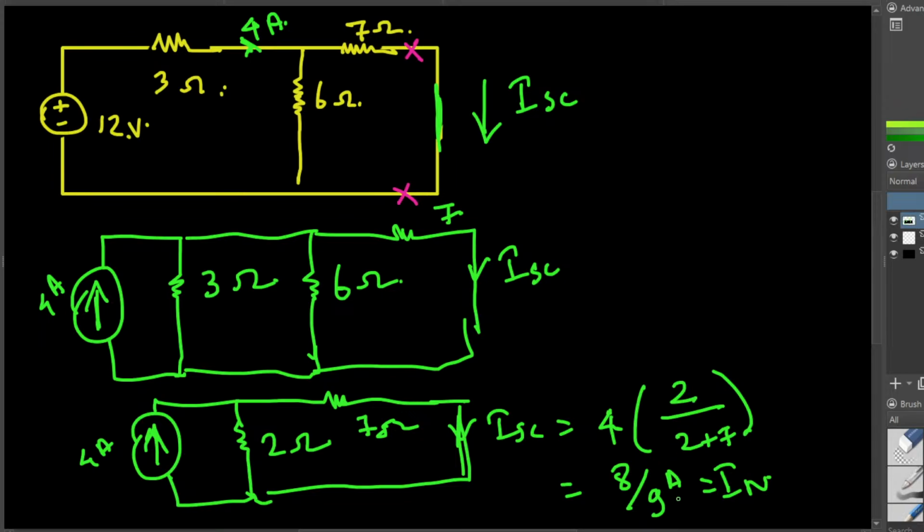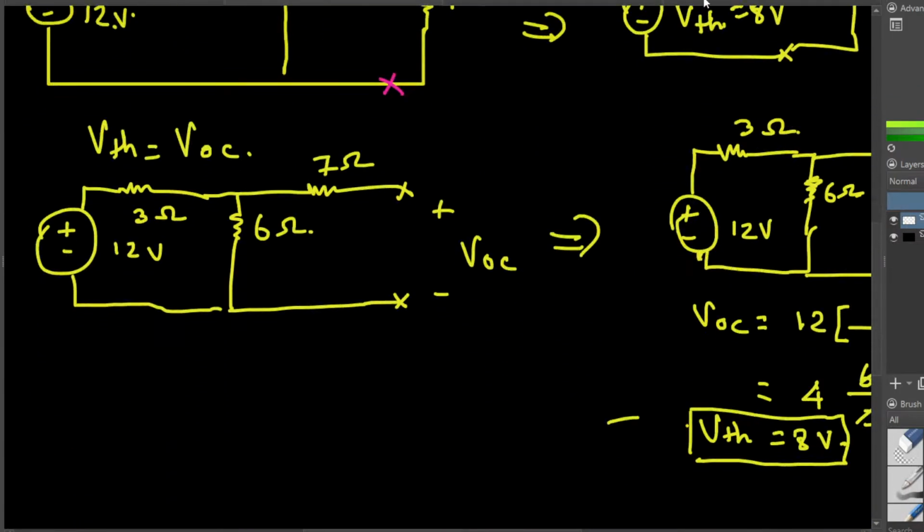We have the I Norton current, and we know that R Thevenin is equal to R Thevenin.